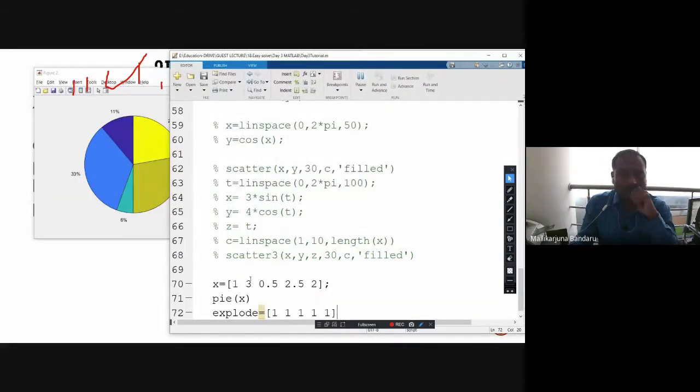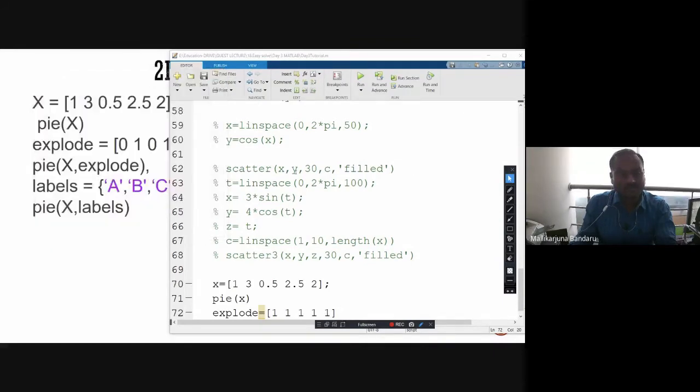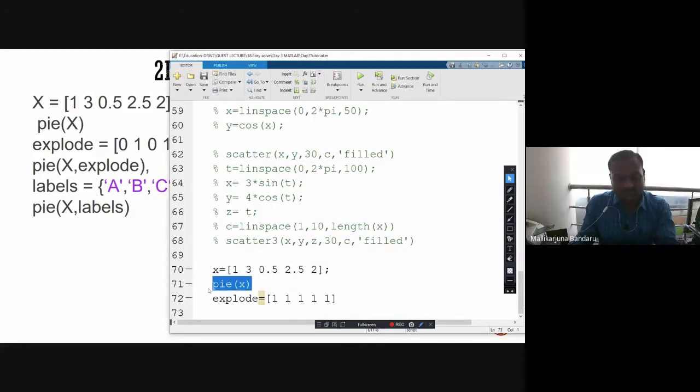Oh, sorry, we have not included it in the syntax, right? So actually the syntax is x comma explode.